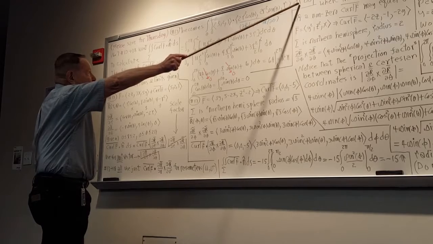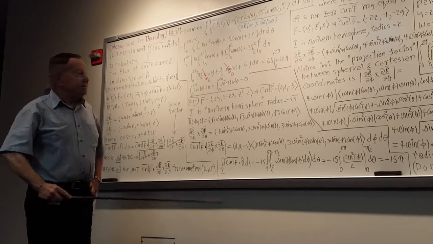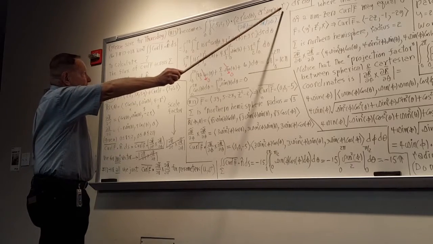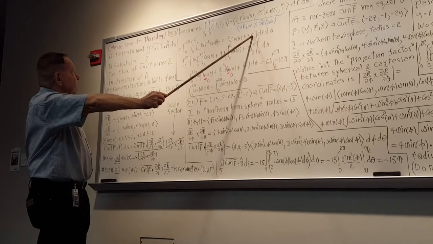So then you integrate this as a surface integral. You see, it is scalar. If you multiply out the dot product, you get this.